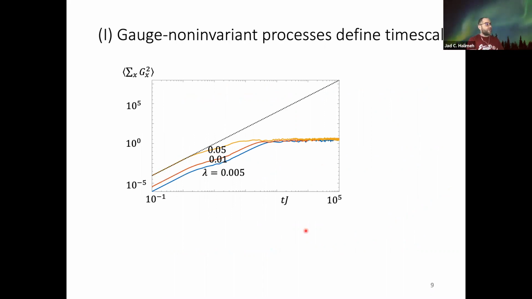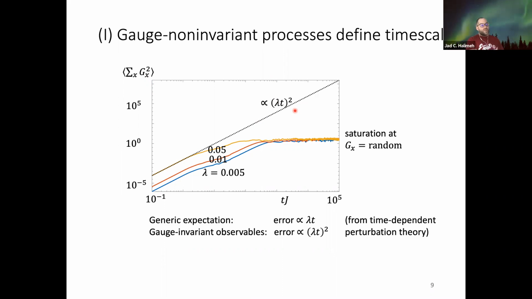In fact, you can convince yourself in time-dependent perturbation theory that the violation, and basically here the violation is nothing but the square of the local generator of Gauss's law, because that should be zero if I'm satisfying Gauss's law. We see that over an intrinsic time scale, this violation grows as lambda squared t squared. And then after some time, it goes to some value, which basically is roughly random.